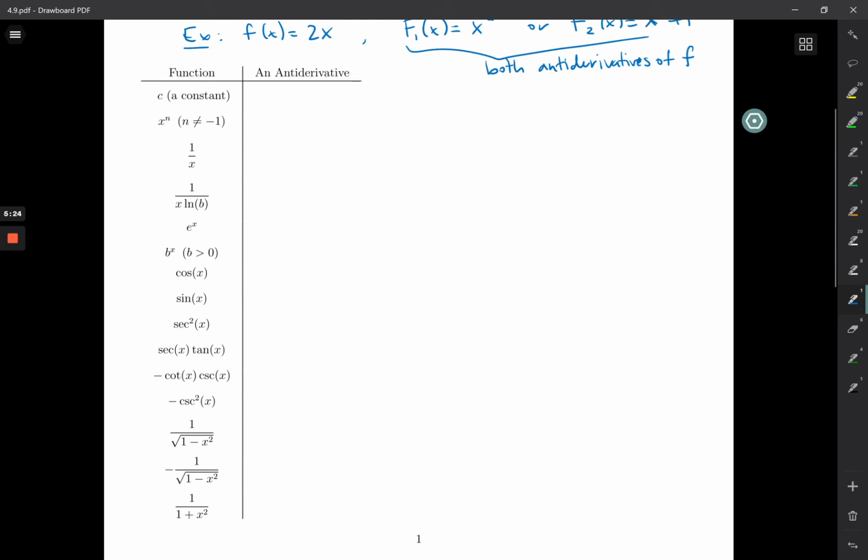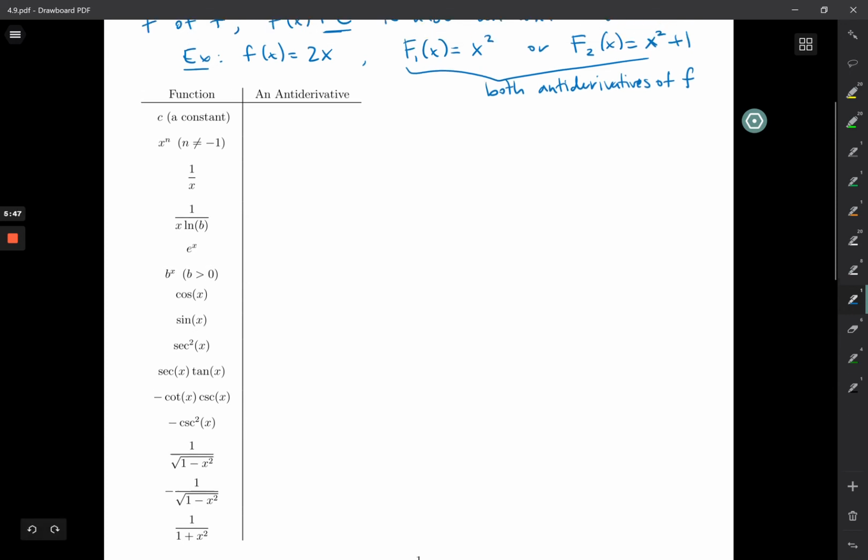Okay. Now, as you can see, I have this table here. So we're going to go through and basically for all of the functions that we had derivatives for, our table of derivatives that you hopefully have memorized, we're going to have the opposite formulas for these, right? Okay, so starting off with the first one, if c is a constant, then the antiderivative of that will be c times x, right?